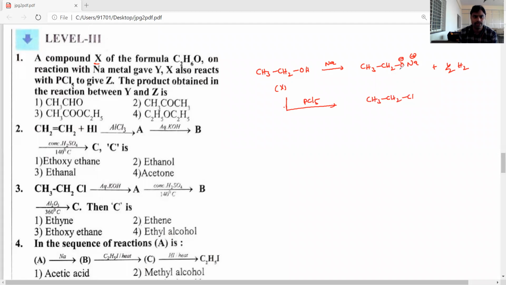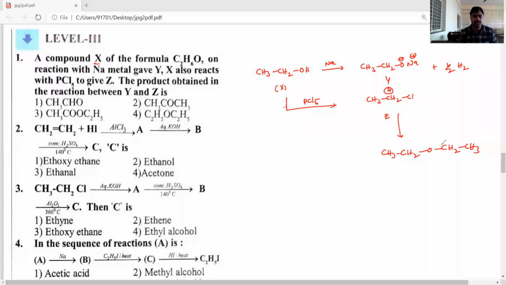And this produces Y and Z. If Y and Z combine, the product is CH3CH2-O-CH2CH3, diethyl ether.